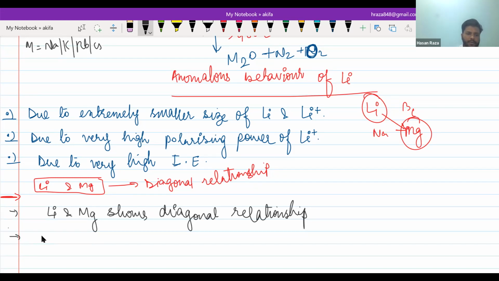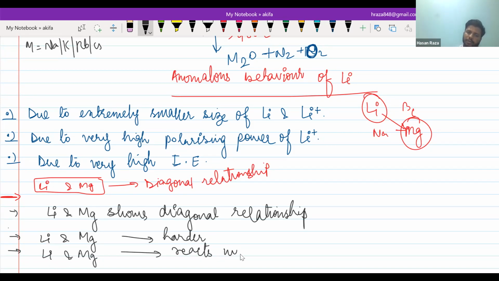Next point, lithium and magnesium are harder in their group. Again, lithium and magnesium react with cold water.